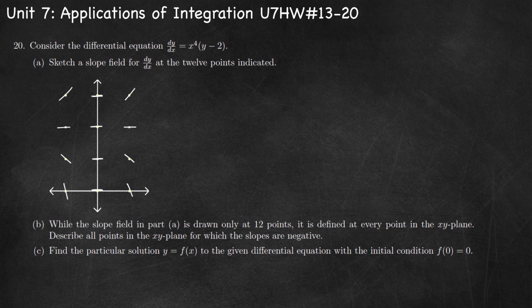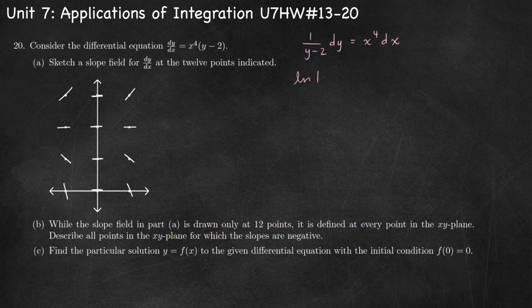Part C, find the particular solution to y equals f of x to our given differential equation if the initial condition is f of 0 equals 0. So let's separate our variables. We'll multiply both sides by dx, divide both sides by y minus 2. So 1 over y minus 2 dy equals x to the 4th dx.